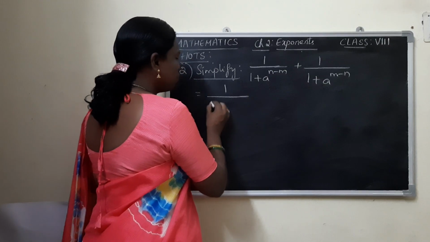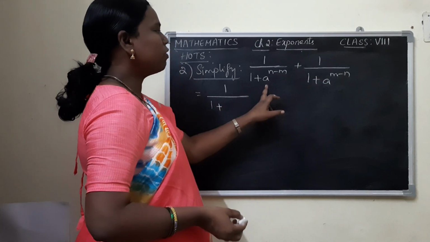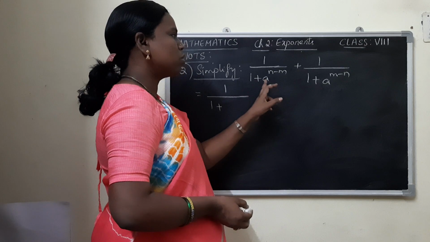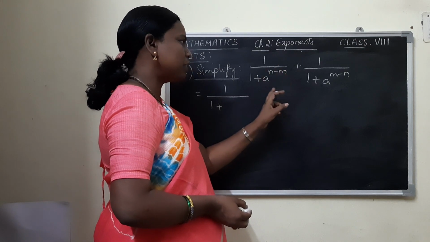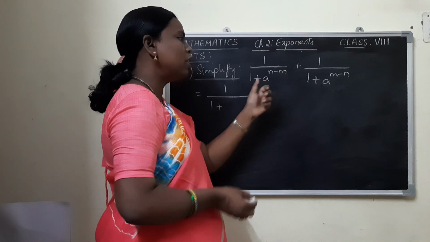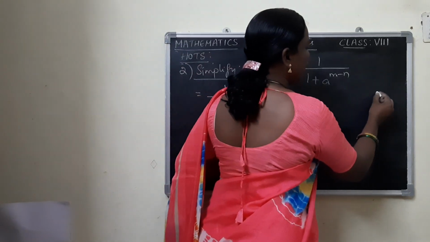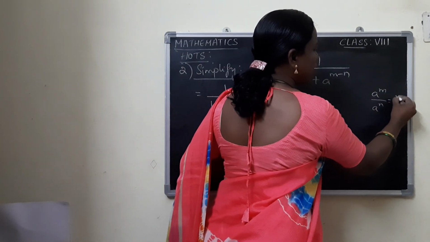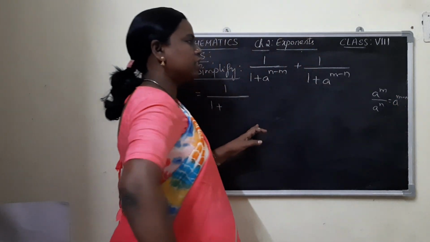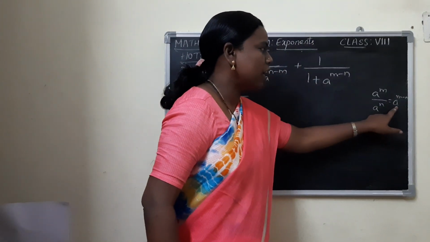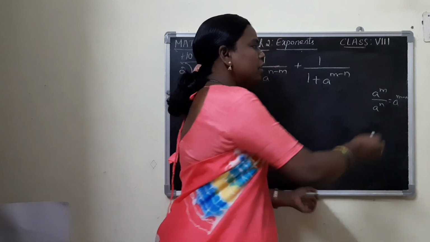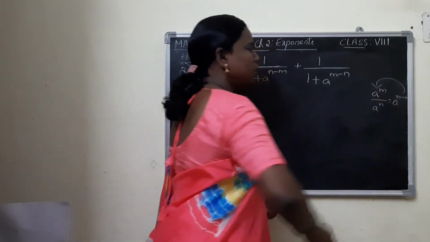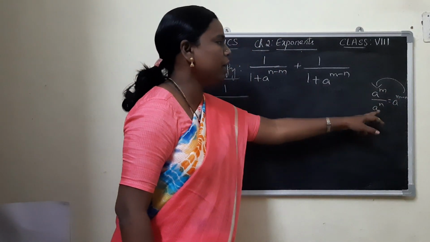So 1 by 1 plus a to the power of n minus m. How are we getting this particular value? If I take the second law, a power m by a power n will be equal to a power m minus n, isn't it? Now this a power m minus n can be rewritten in this format also, that is a power m by a power n.